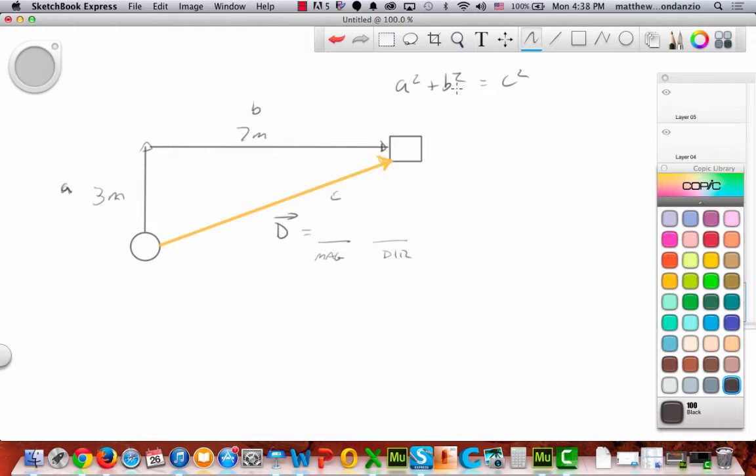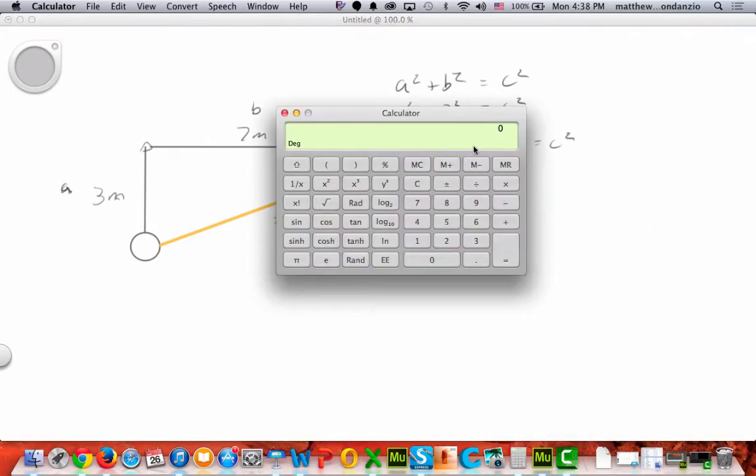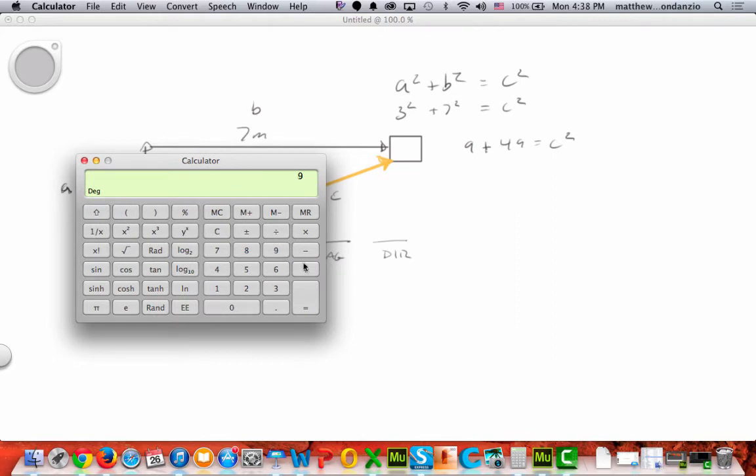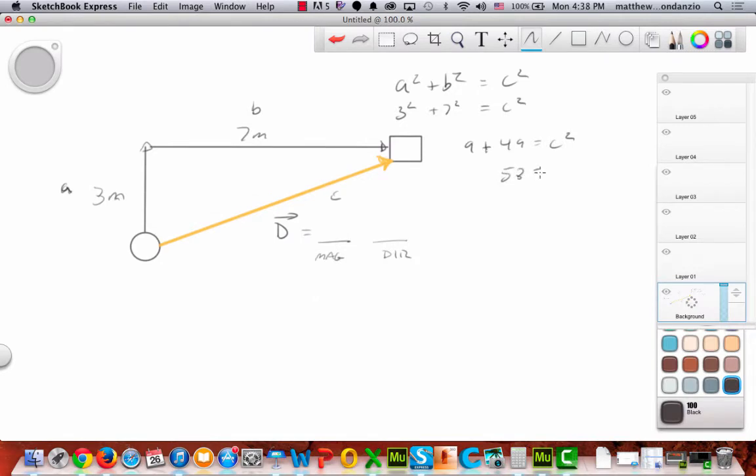So in this case, I have 3 squared plus 7 squared equals c squared, which means 9 plus 49 equals c squared. 9 plus 49 is 58. 58 equals c squared.